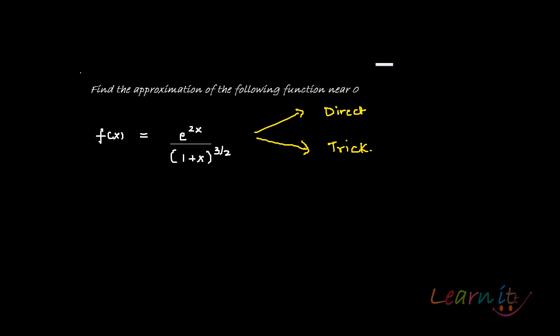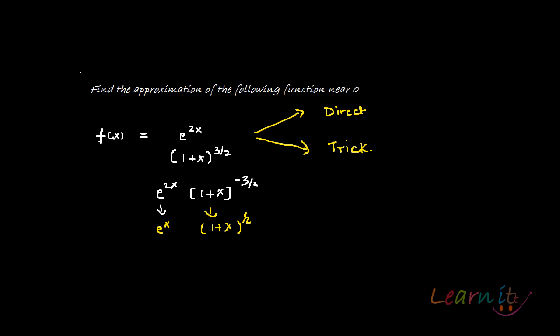What I mean is that essentially I have two functions, e to the power 2x into (1 + x) to the power minus 3 by 2. So this is a function which is similar to e to the power x, and this is a function which is similar to (1 + x) to the power, say, some rational or any real number r.